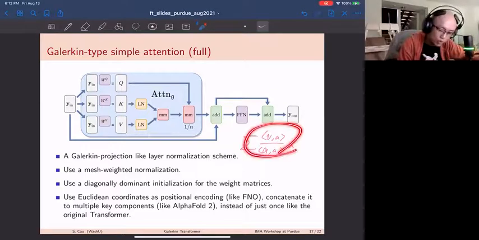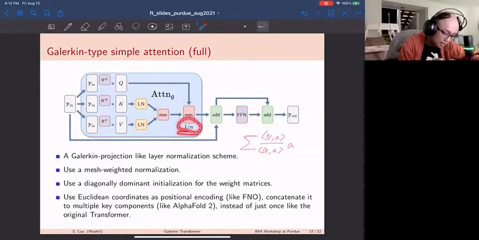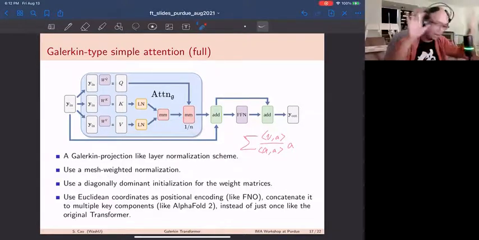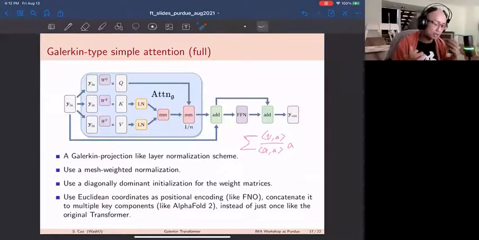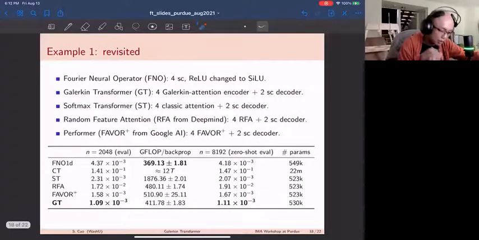So we choose to apply layer normalization in this way, and then we apply this mesh-weighted normalization instead of a softmax. No softmax, very fast, okay? And we use Euclidean coordinates as positional encoding, just like the Fourier neural operator. And just like AlphaFold 2, we concatenate it to multiple key structures of the network, instead of just once like the original. And what's the result?